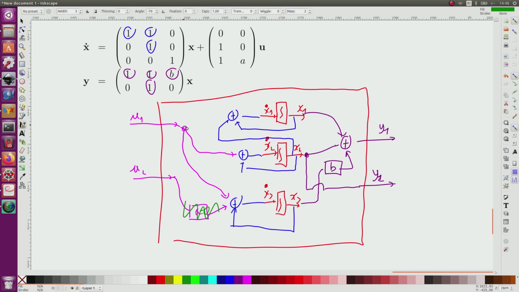So indeed, u1 will affect x1 through x2. But it does not mean that x1 is not controllable. Why is the system not controllable? It is because when I want to increase x2 via u1, then I am obliged to increase also x3 in the same manner. It means that the difference between x2 and x3 is not controllable.